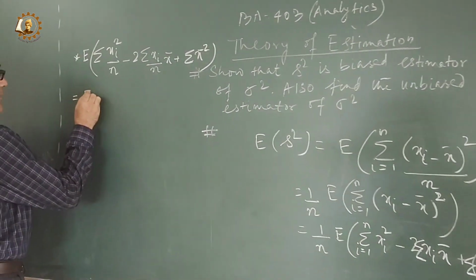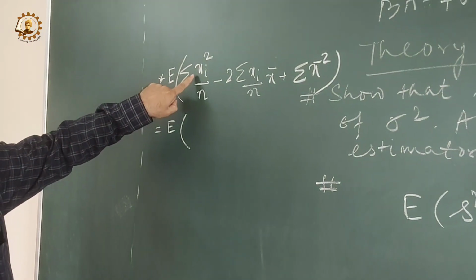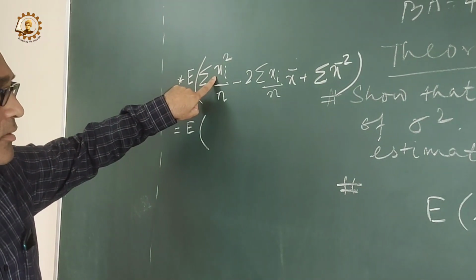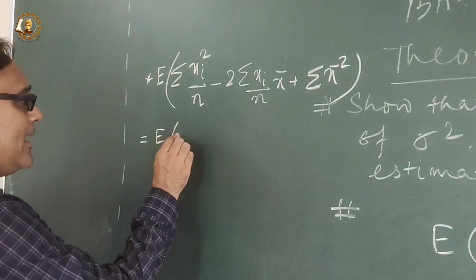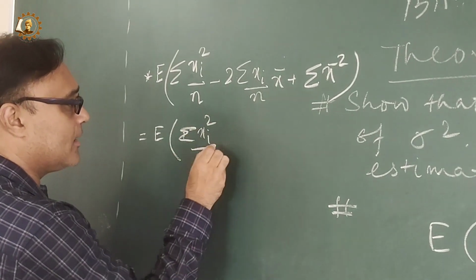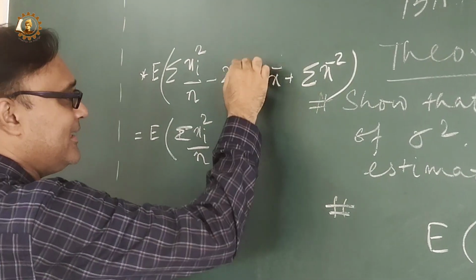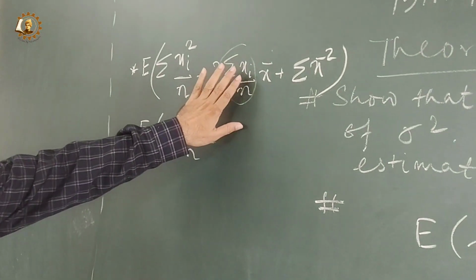So here we will be getting E. Now this xi square, if I sum the values from 1 to n, this will be summation xi square by n minus this one, summation of xi by n. This is the definition of x bar, right?